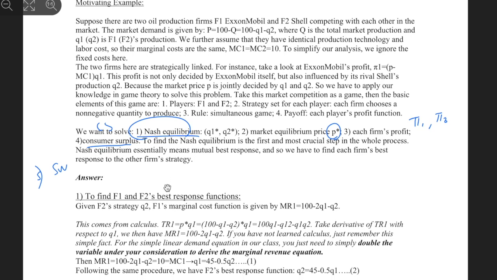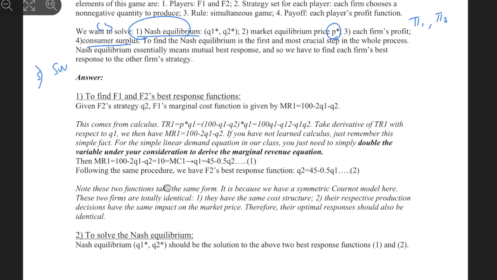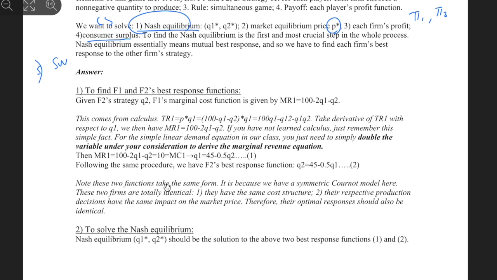To answer it, we have to look at the best response function. So given Firm 2's strategy, Q2, Firm 1's marginal cost function is given by this. So we're going back, right? The marginal cost. So we're going to have a look at the total cost. So what is marginal cost? And this is marginal revenue.